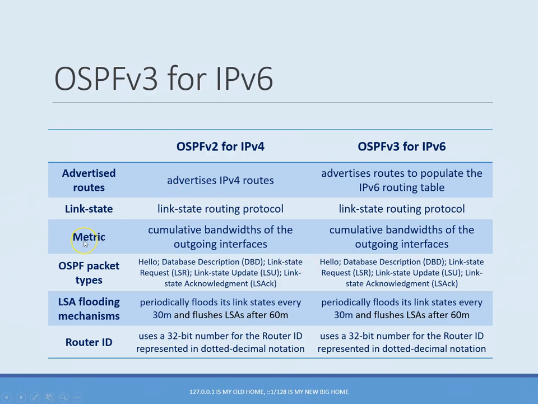In terms of the metric, for both, the metric is the cumulative bandwidth of the outgoing interface to the destination network, which is 10^8 over the bandwidth, with the bandwidth measured in bits per second.